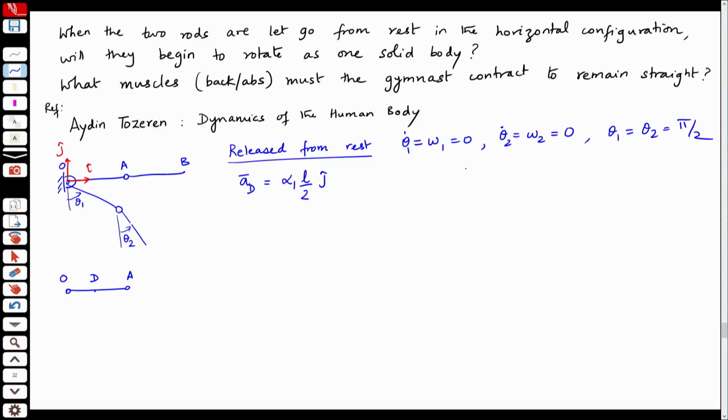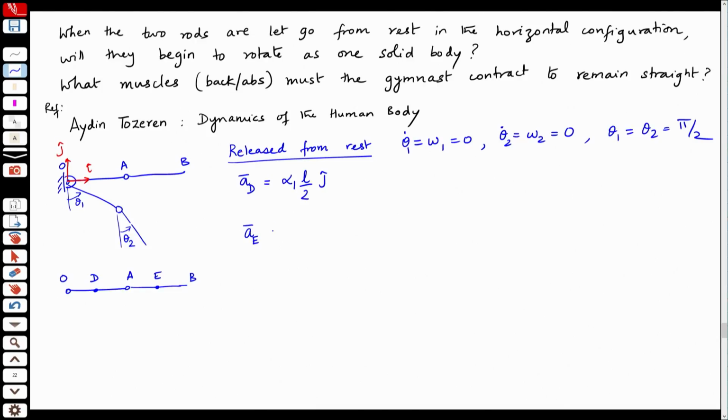My alpha 1 and alpha 2 are what I am interested in finding. When you look at interconnected bodies, if I take E as the center of mass of the second rod, rod AB, that is another acceleration I am interested in. I want to find the acceleration of E.